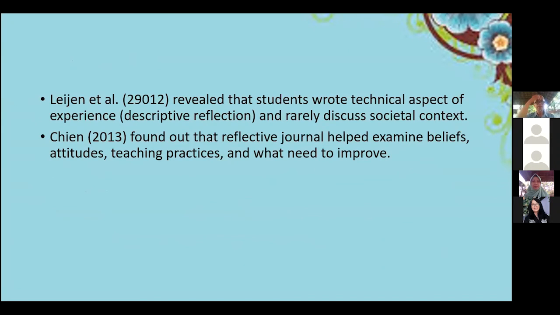Still about reflection. This is an opinion from Legend et al. He revealed that students wrote technical aspects of experience, descriptive reflection, and rarely discuss society context. Whereas Chin, 2013, found out that reflective journal help examine beliefs, attitudes, teaching practices, and what need to improve.